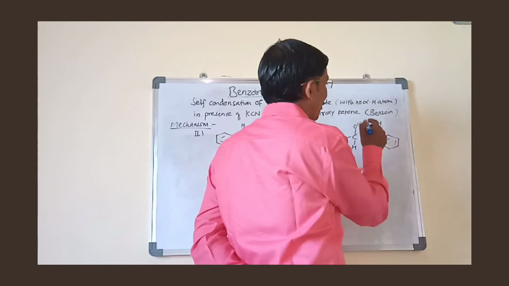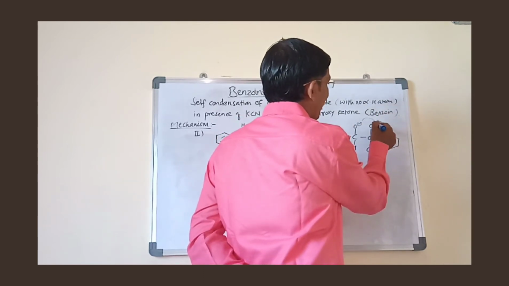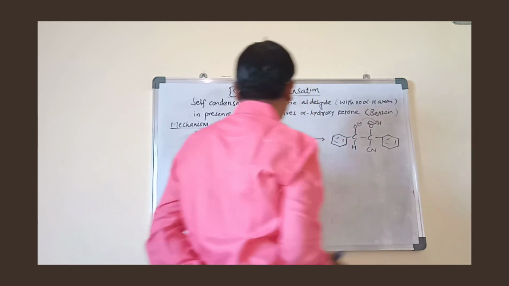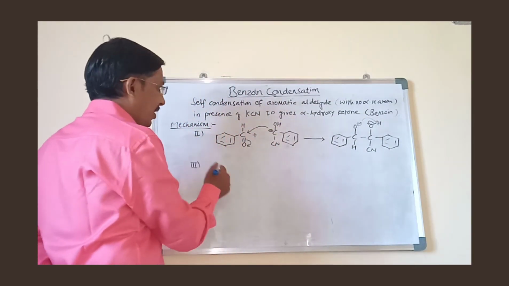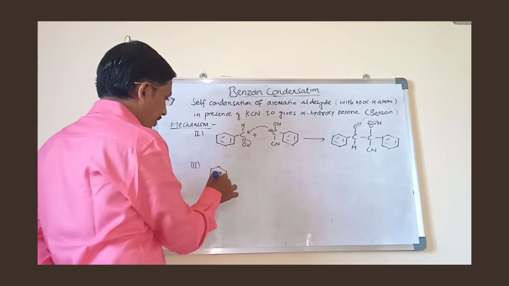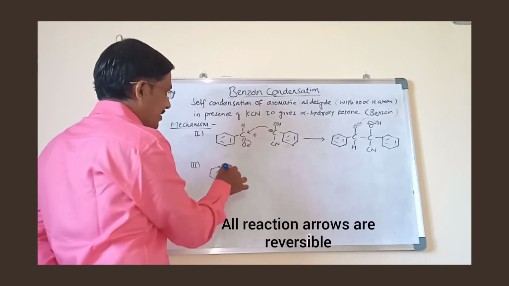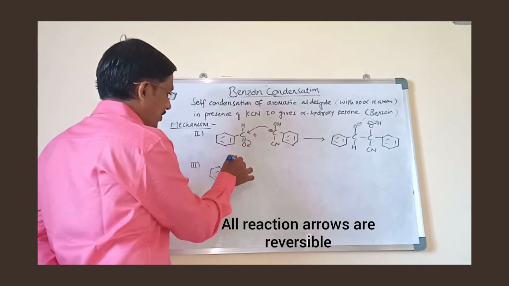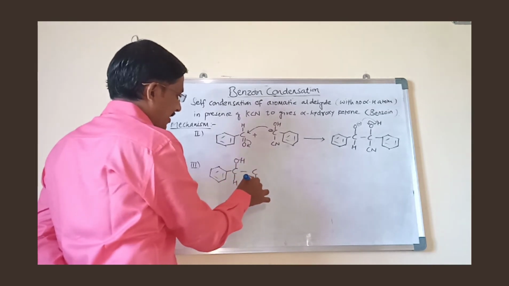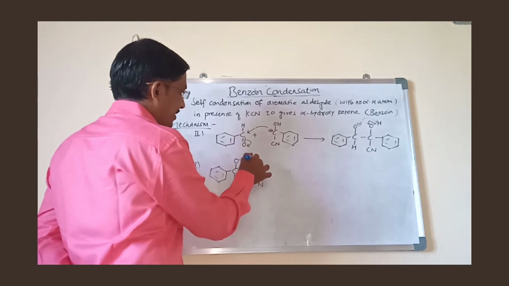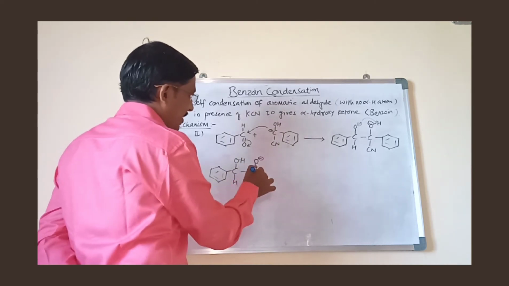It will take the proton and the charge will be shifted onto this oxygen. Now this becomes an OH group. This is H, C, CN, and this is the O minus.